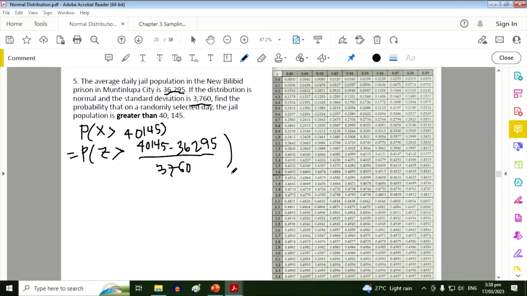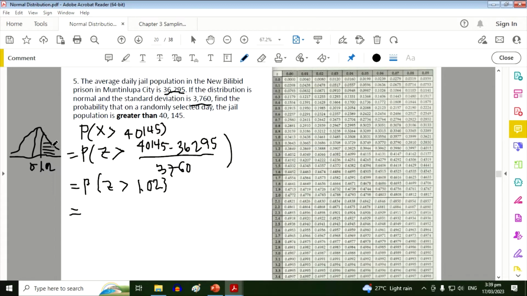This is approximately rounded off to 1.02. So the probability here is Z greater than 1.02. If you draw the normal curve, we have 0, and the 1.02 is here. So greater than, it's on the right.